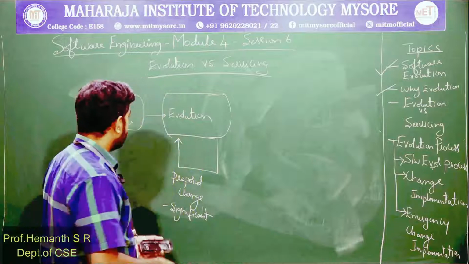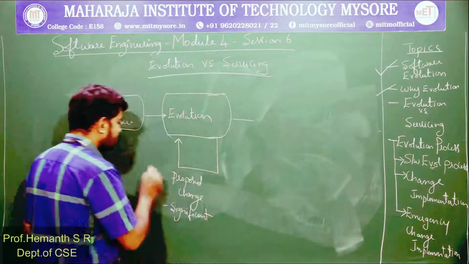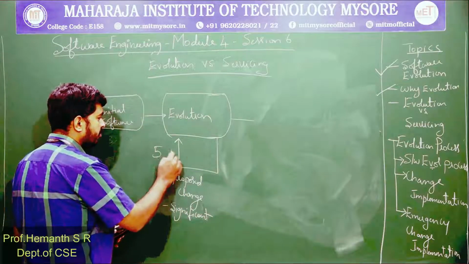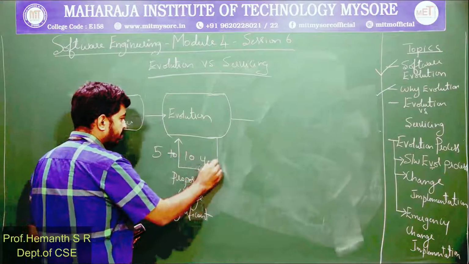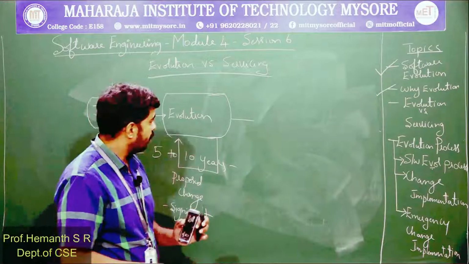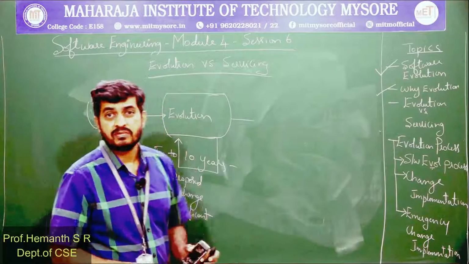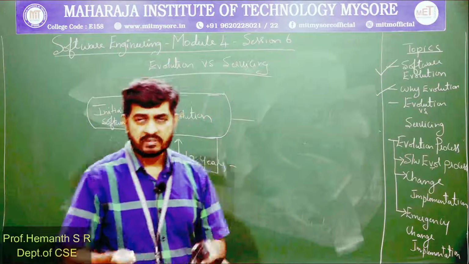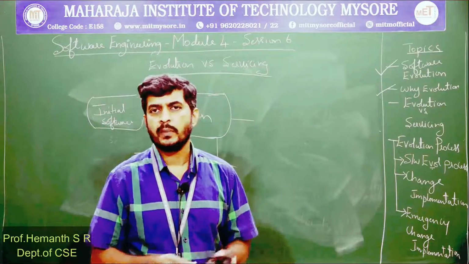So maybe after 5 to 10 years, after this specific timeline, you are trying to change a software. You are trying to make a significant change, and that is not accommodated.